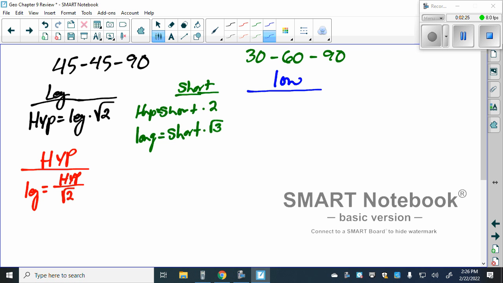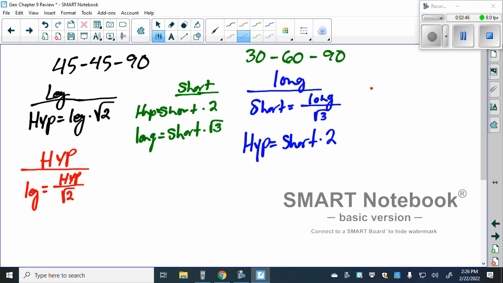Now, if we're given the long side length to start with, the first side we want to get back to is the short. We can get to it by taking the long side length and dividing it by the square root of 3, and then finding the hypotenuse by multiplying the short side length by 2.